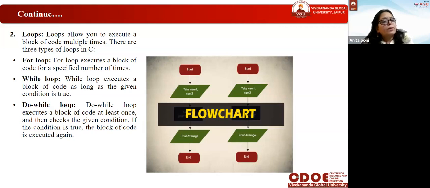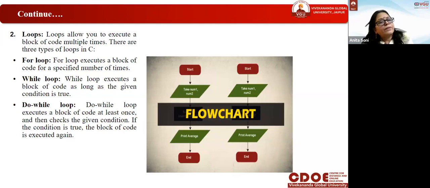But the do while loop is called an exit loop. Even if the condition is false, the loop will execute at least once, because in a do while loop, we test the condition at the end of the loop. So first it executes, then it checks the condition. That's why while loop is called an entry loop and do while loop is called an exit loop.